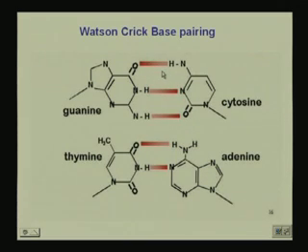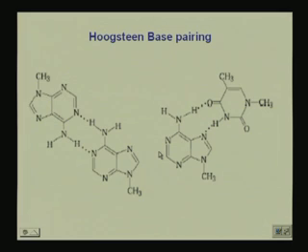This is something that we looked at last time, where we have a guanine and a cytosine, and a thymine and an adenine, okay? In this case, 3 hydrogen bonds are possible, and in this case, 2 such hydrogen bonds are possible. We also looked at the Hoogsteen base pairing, where we have a different face for the base pairing.